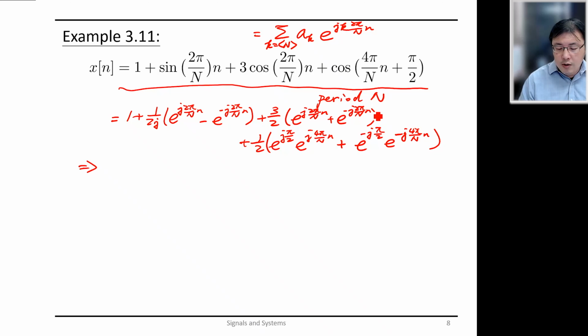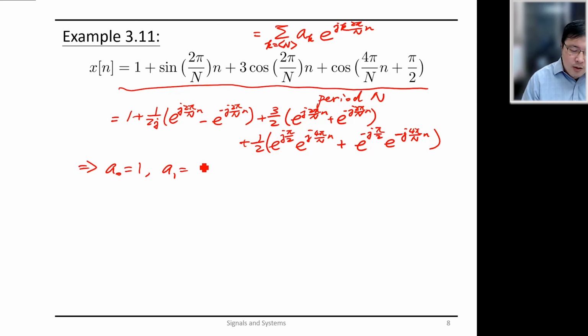So if you compare this expression with the desired Fourier series representation above, you can derive the corresponding values of a_k. In particular, a_0 corresponds to the constant term, which is 1. a_1 corresponds to the term e^(j 2π/N n), and we can see that this appears here and also here.